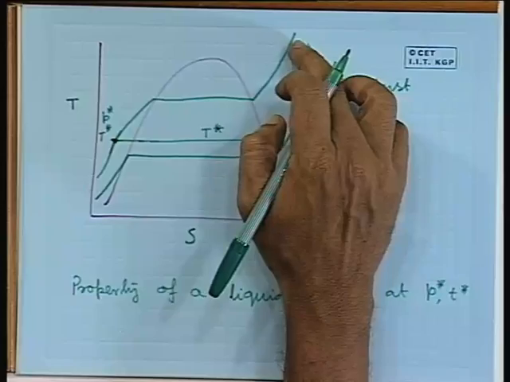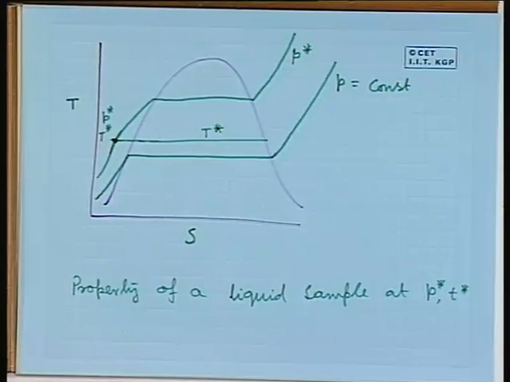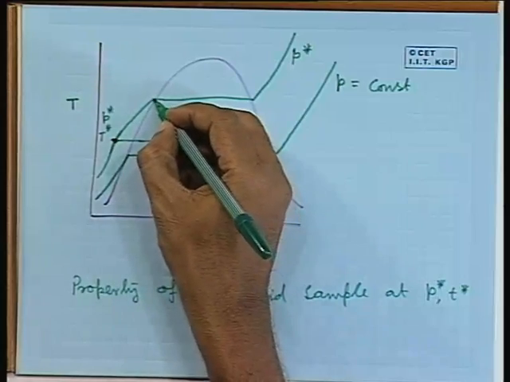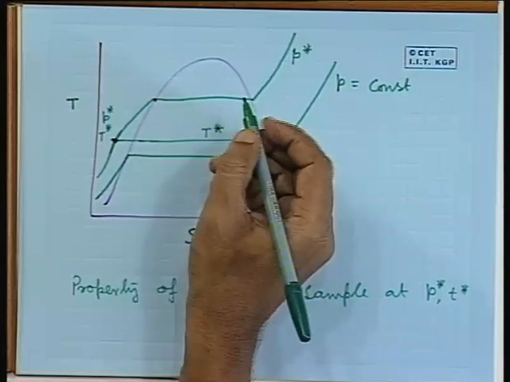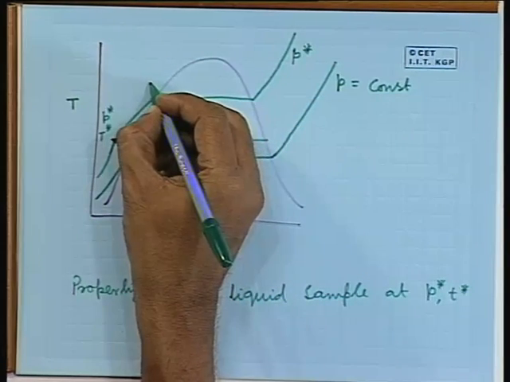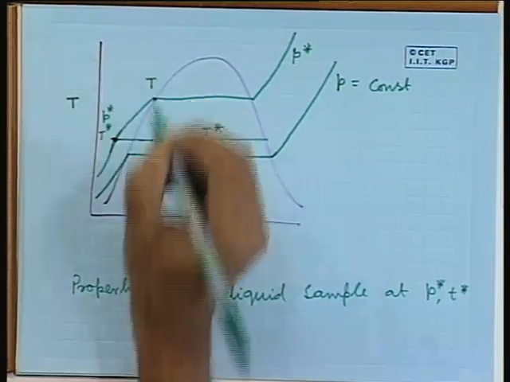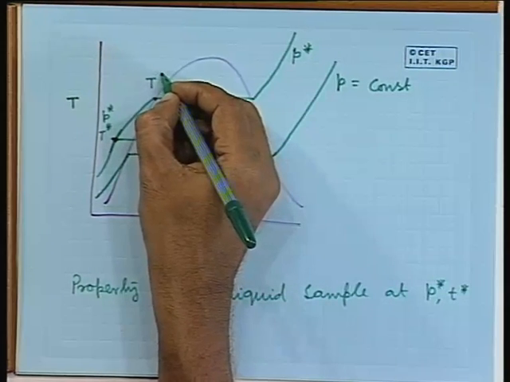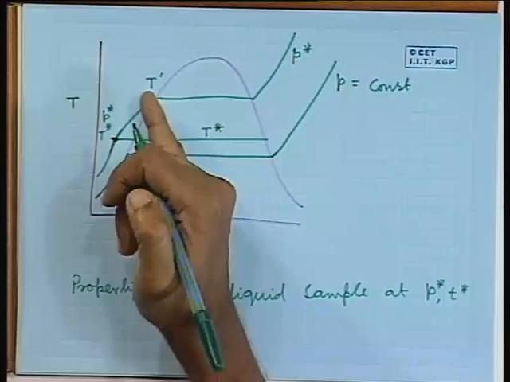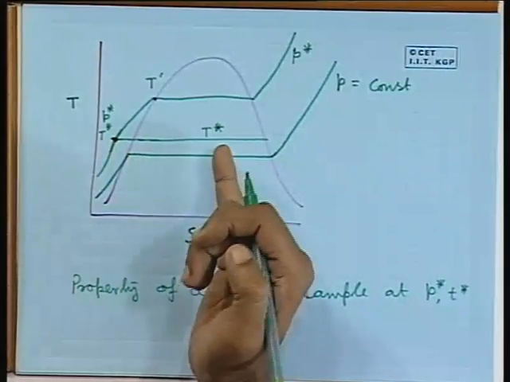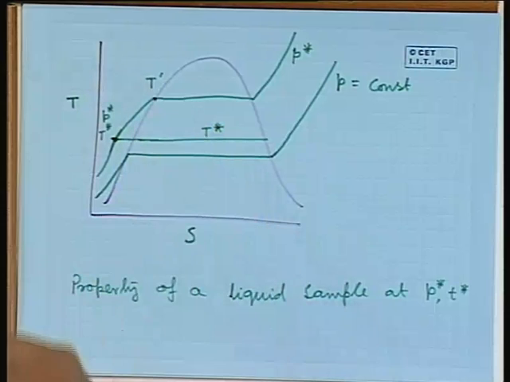So, this is your P star line and this is your T star line. For P star, we have the saturation temperature at, let us say, T dashed. Corresponding to P star, the saturation temperature is T dashed. So, what is the relationship between T star and T dashed?